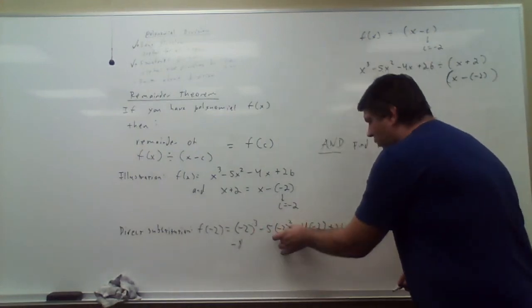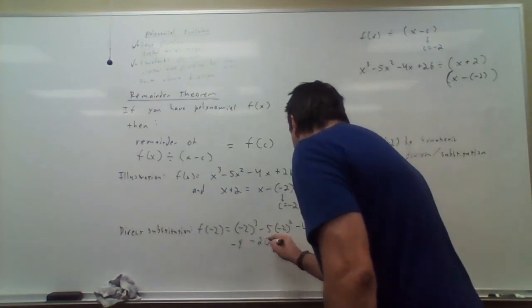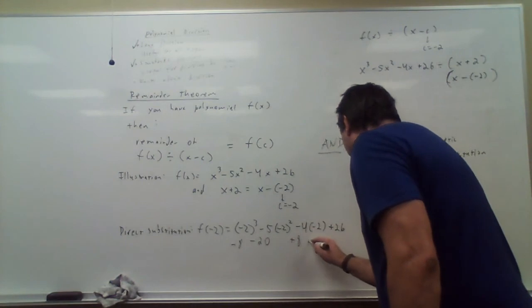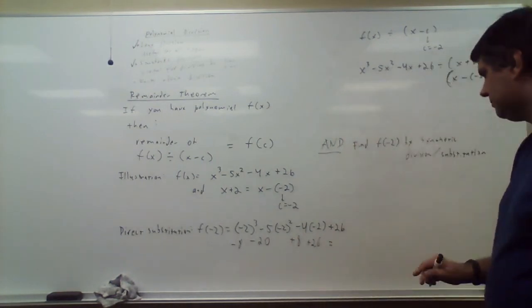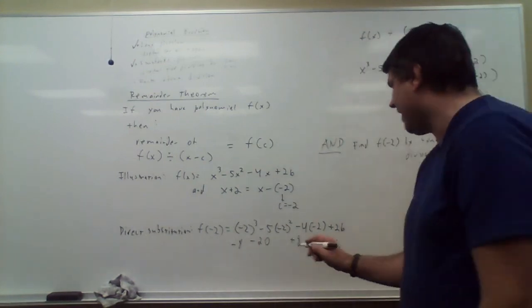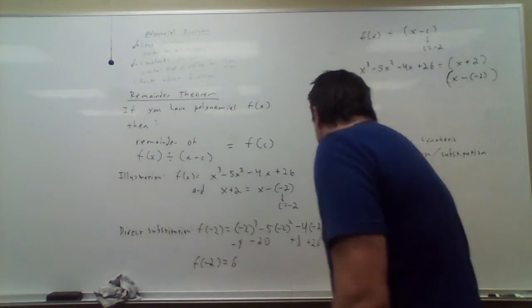Negative 2 squared is 4, times negative 5 is minus 20, plus 8, plus 26. So, that's 6. Okay? So f of negative 2 equals 6.